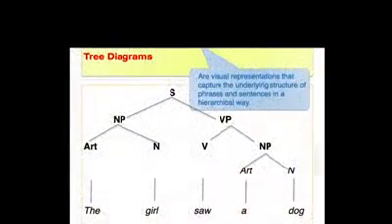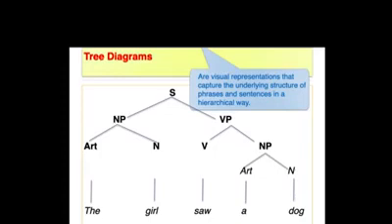Let's have a look at this example. This is a tree, a hierarchical tree. Tree diagrams can be defined as visual representations that capture the underlying structure of phrases and sentences in a hierarchical way. In this way, we can know which elements constitute which elements.